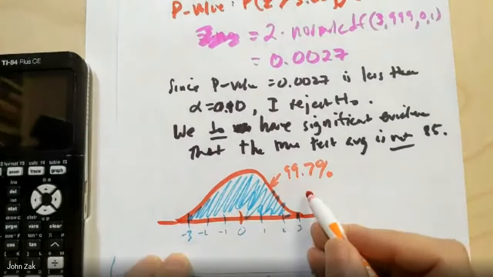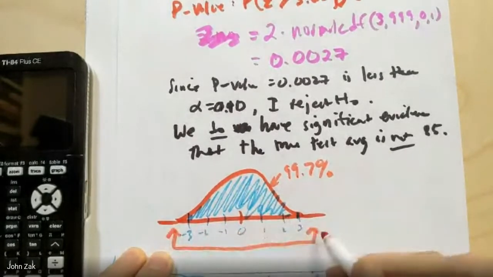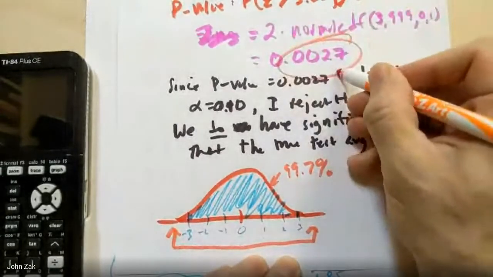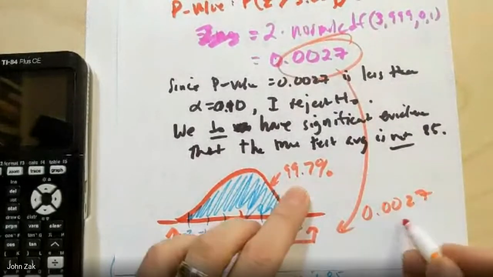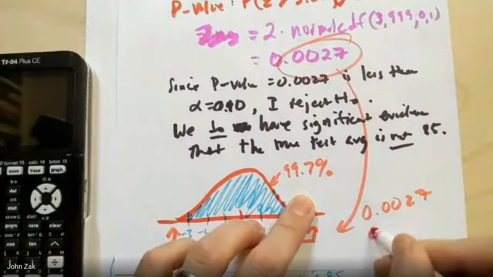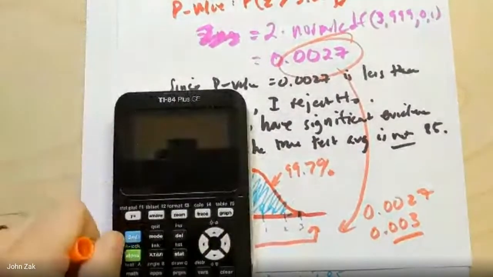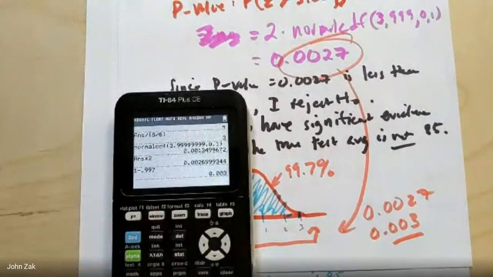And so we learned back in the day that should be approximately 99.7 from -3 to 3. Well, what did we just find for our p-value? We found that our p-value, which is actually the opposite of this, was 0.0027, which if we rounded to 3 decimal places would be 0.003, which was, oh my gosh, what I got if I did 1 minus 0.997. Oh, giddy up, right?